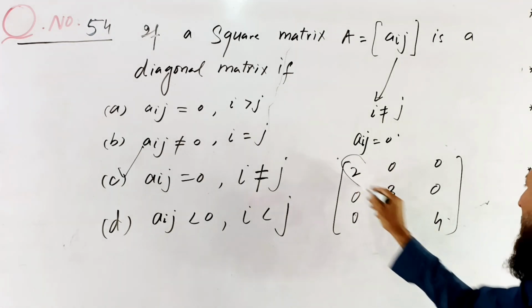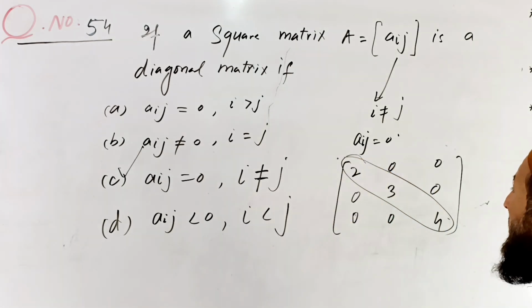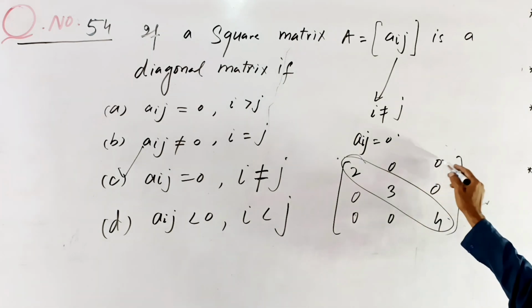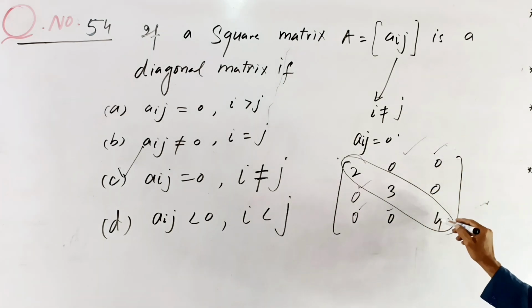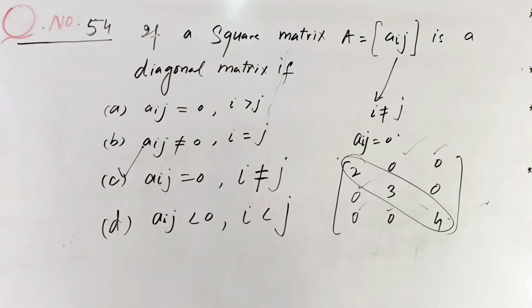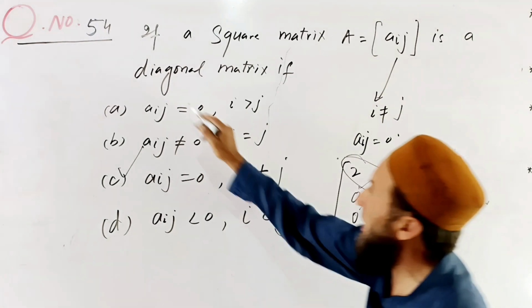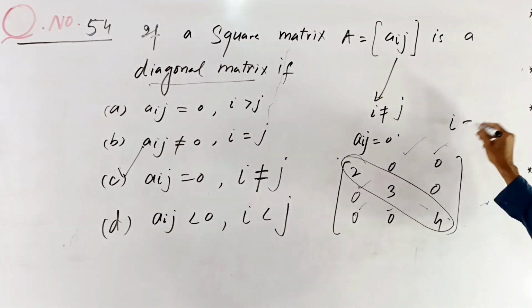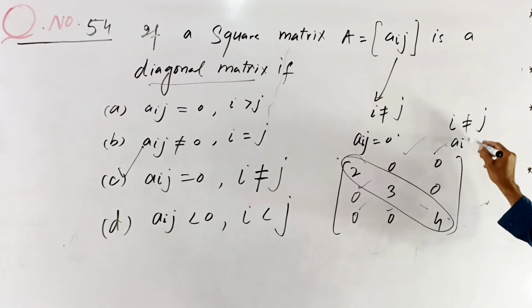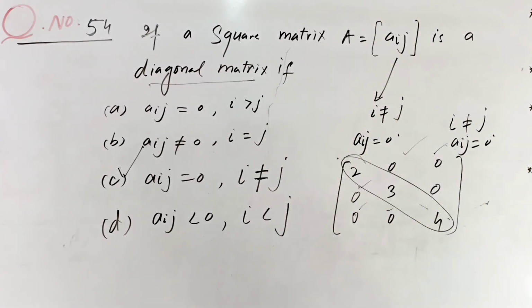So the main principal diagonal values are not equal to 0, and the other terms are 0, 0, 0, 0, 0, 0. So the main principal diagonal is not 0, so that will be called a diagonal matrix. So this condition is applied because i is not equal to j and Aij is equal to 0.